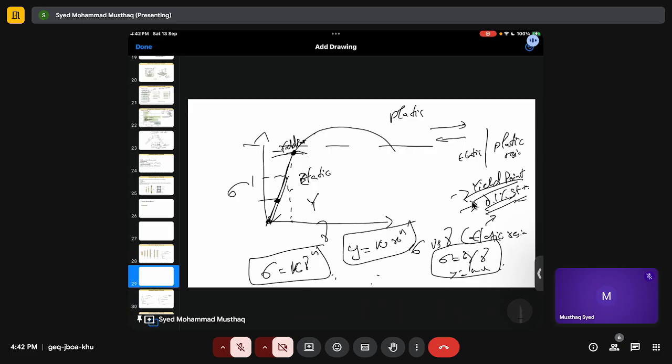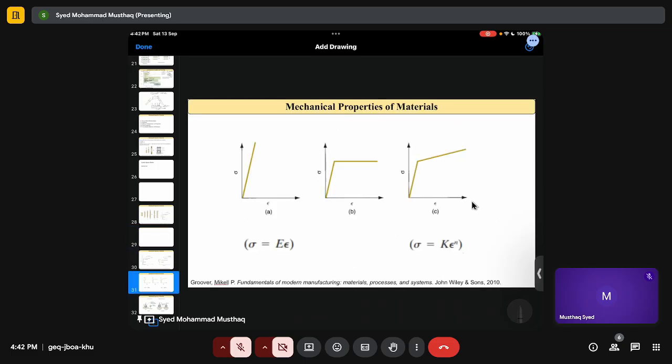And so let's solve. And here we have a perfectly elastic case. There is no deformation. It's just like a rubber band. And here it is perfectly plastic. What do you mean perfectly plastic? That means once you reach this point, you need not increase the stress.